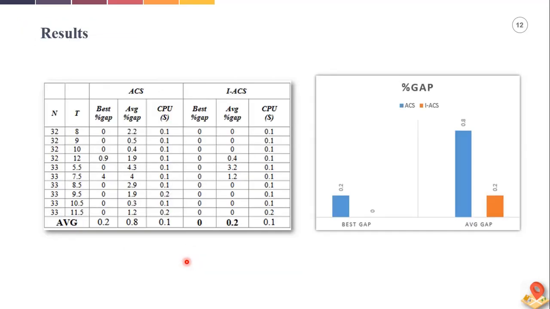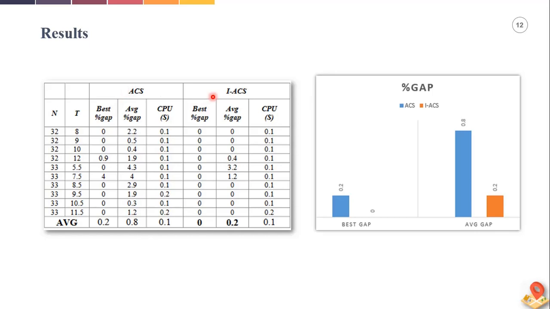All experiments were performed on a system with an Intel Core i7 with 3 GHz processor and 16 GB memory. We have two benchmarks. Benchmark 1 includes 24 instances, and the gaps for 14 instances are 0 for I-ACS and ACS algorithms.